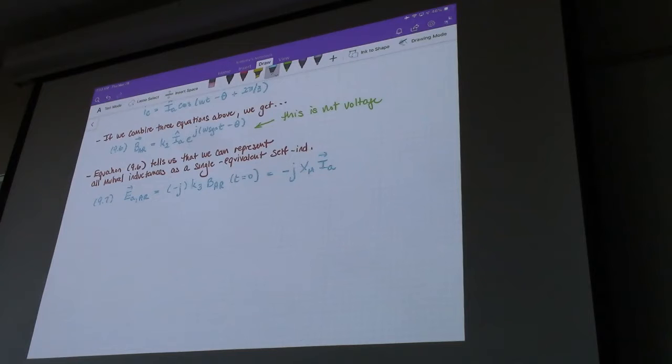So what you can see is that we can group a lot of these terms into a value that we will call the magnetizing inductance, or reactance, because we're using the value of X instead of L.